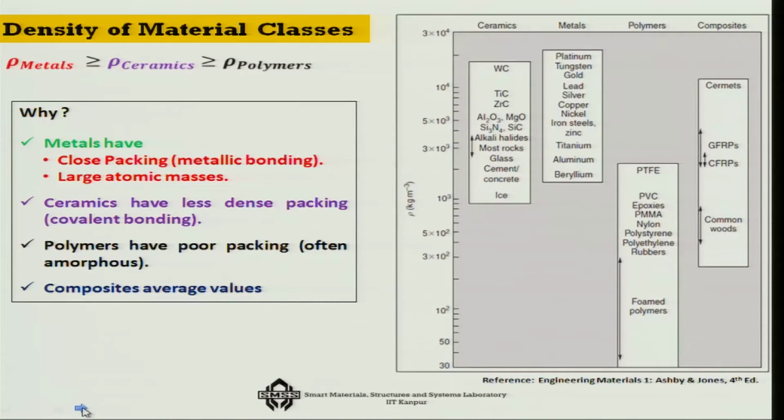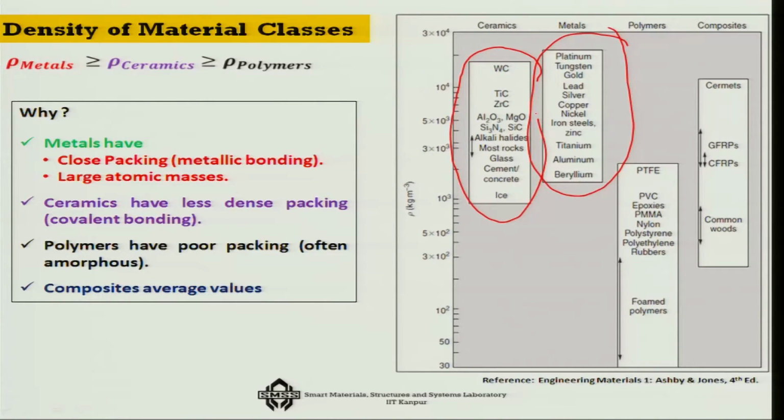Now, if you have a look at the density of various material classes, you will see that in the high density region you will mostly see metals, like tungsten, gold, lead, which have very high density, then titanium, aluminum, beryllium, etc. A similar type of density, I will talk about ceramics at a later talk, they are also comparable density-wise.